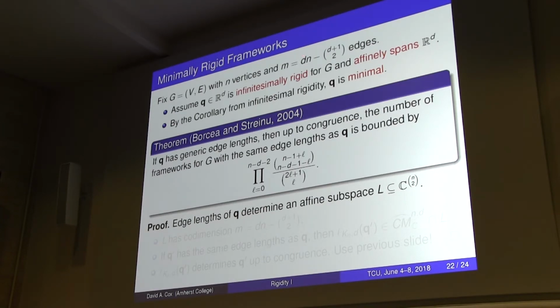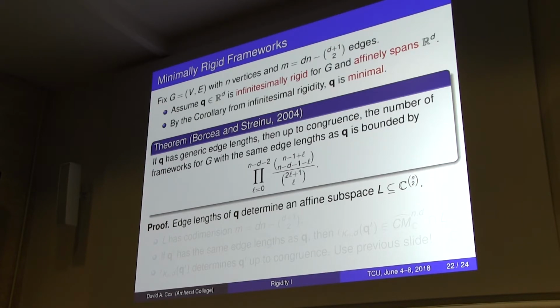If I have that number of edges, then when I throw away an edge, I've made m smaller, and I can't satisfy that inequality. So if this graph is infinitesimally rigid, it satisfies this, but when I throw away an edge, it can't. So this is now minimally infinitesimally rigid. So this is what we're going to count.